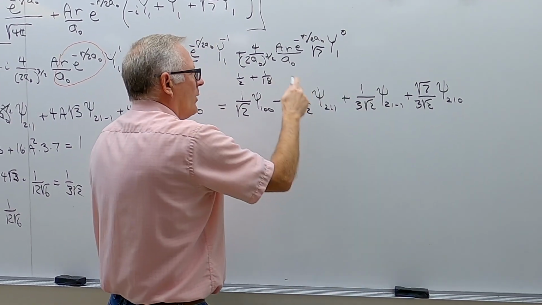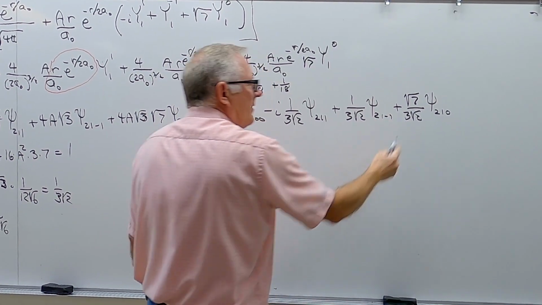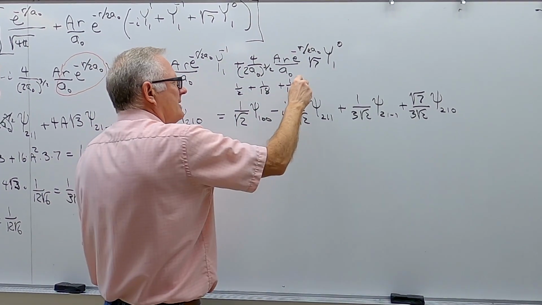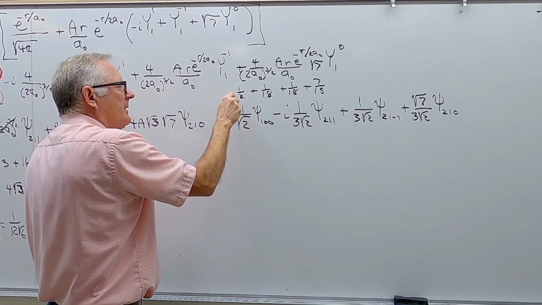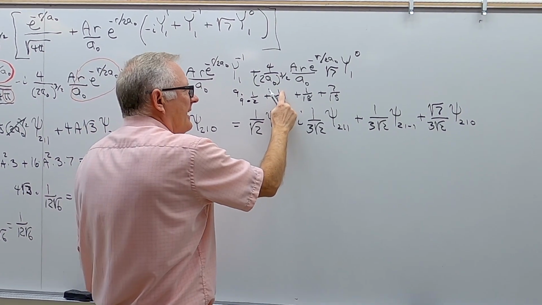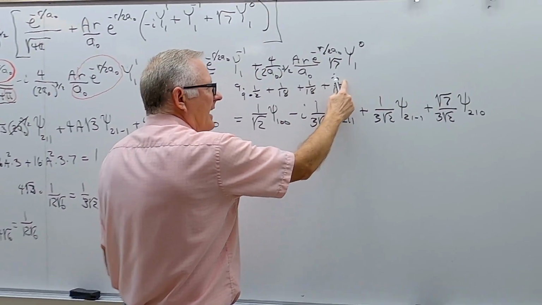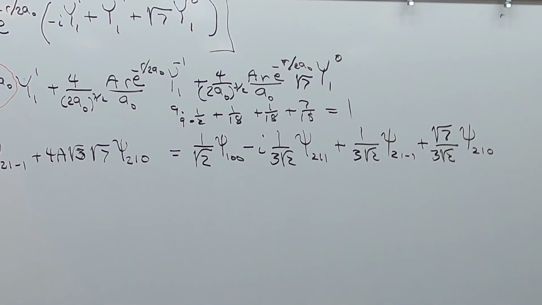This is another 1/18. And this one right here would be a 7/18. And if I make this common denominator, put a 9 and a 9 there, this is 9/18, 10/18, 11/18, 18/18, which is 1. Okay, so it is normalized right here.